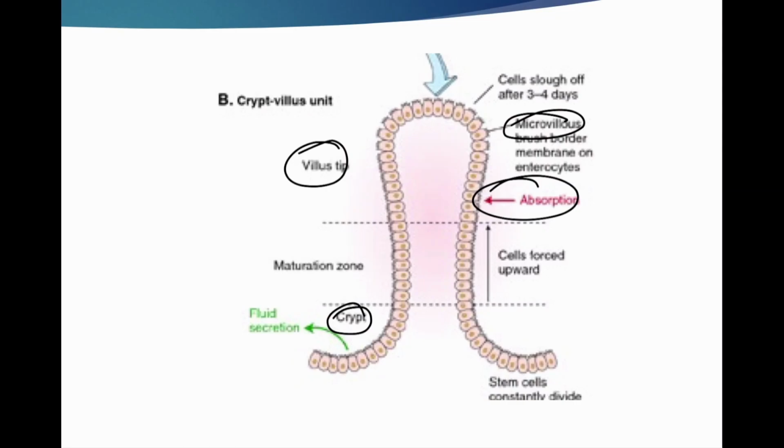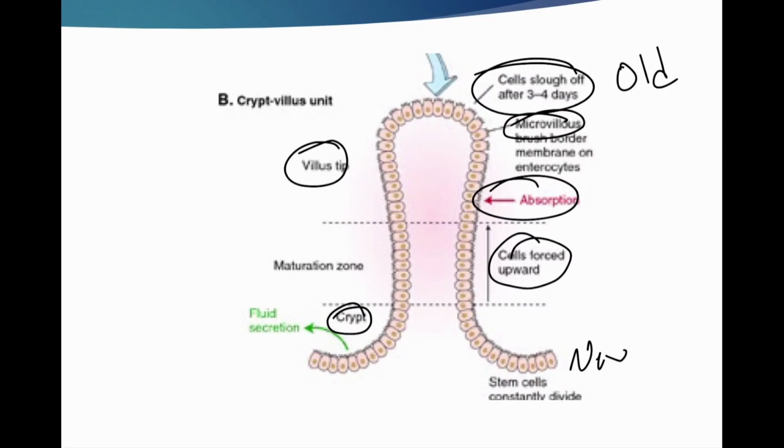The new cells start at the bottom, and old cells are forced upward as they create a new lining. So all the new cells are at the bottom, and the top of the villi are the old cells. This is what you rip away when you have lactose intolerance, celiac disease, or gluten sensitivities: the brush border that you're wiping out. This is what we're talking about here.